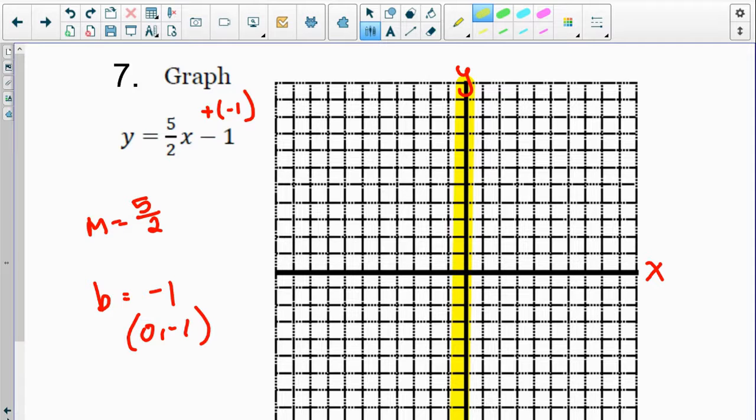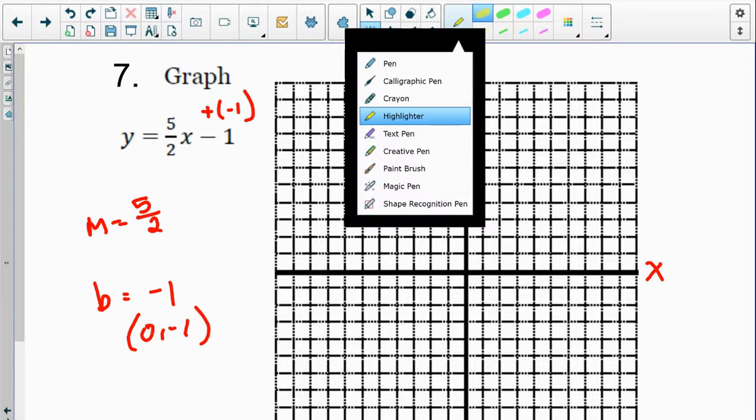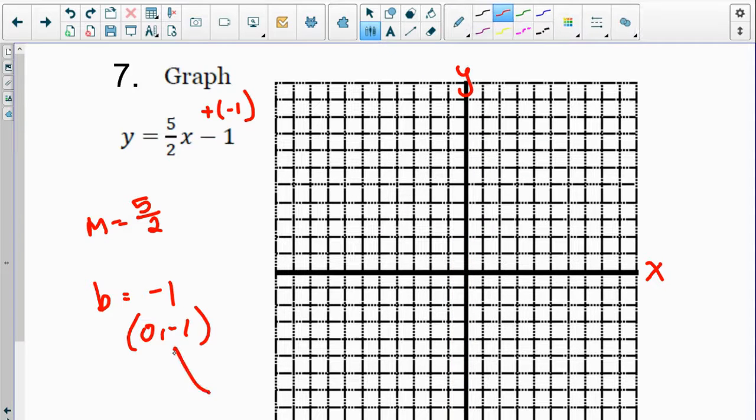You can't start anywhere else when you're graphing with this method. The very first point you should draw should be right on that vertical line. And we want to make sure that we're using the right value here. So negative 1. On my y-axis, negative 1 is when I go down 1 space from the origin. I even like to label it. That's my starting point. Okay, that's my y-intercept.